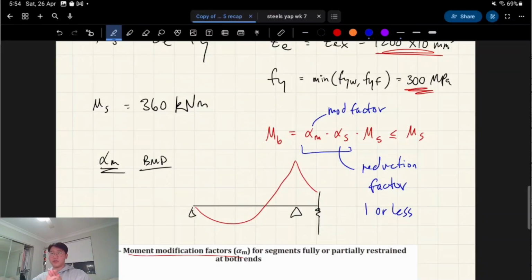So it could be any of those. If this is greater than 1, and this is, let's say, 1, what happens is this combination of alpha M and alpha S is going to be greater than 1. And so you're going to exaggerate what you're allowed, right?